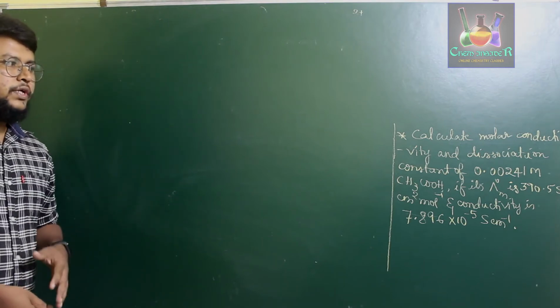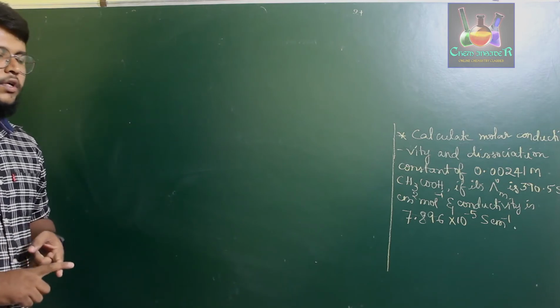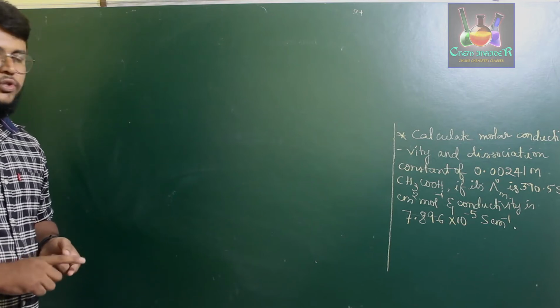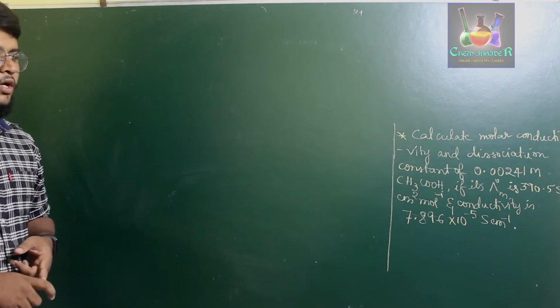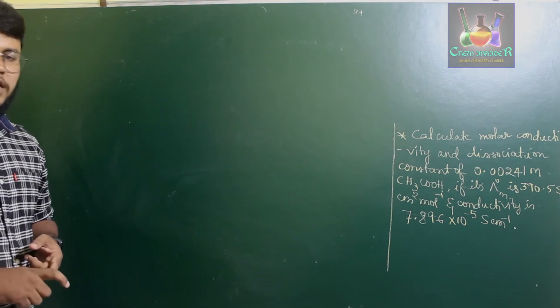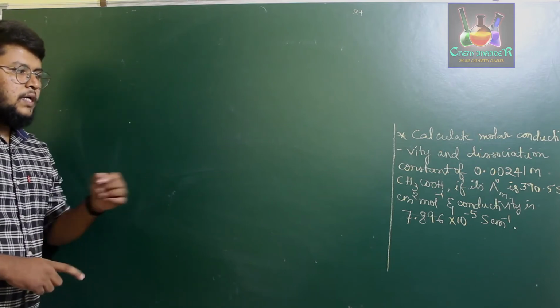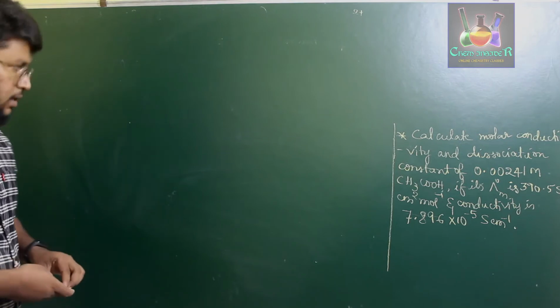We need to calculate these for acetic acid whose concentration is 0.00241 molar, if its lambda naught is 390.5 Siemens centimeter square per mole and its conductivity is 7.896 into 10 power minus 5 Siemens per meter.